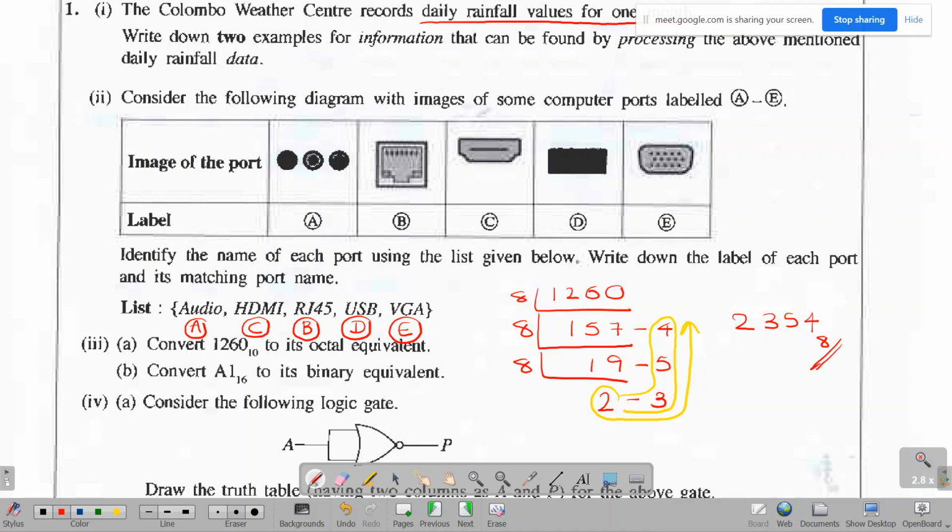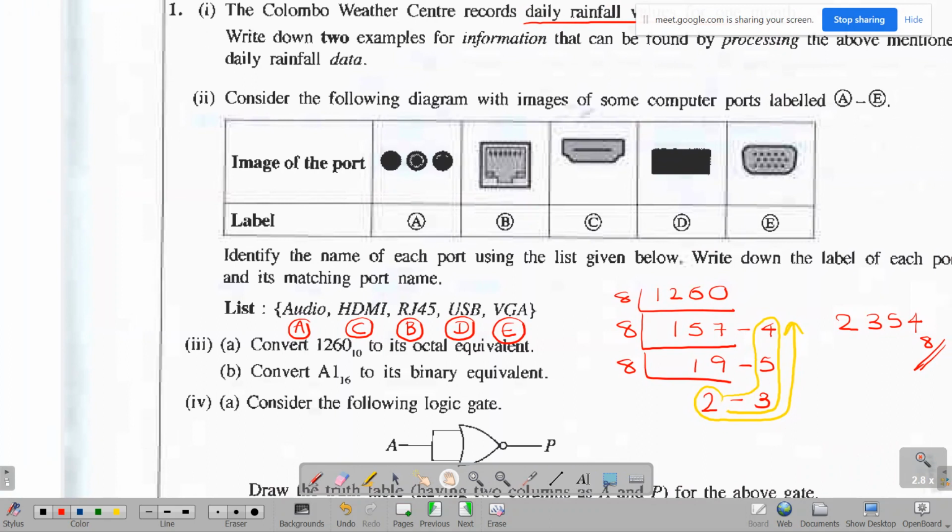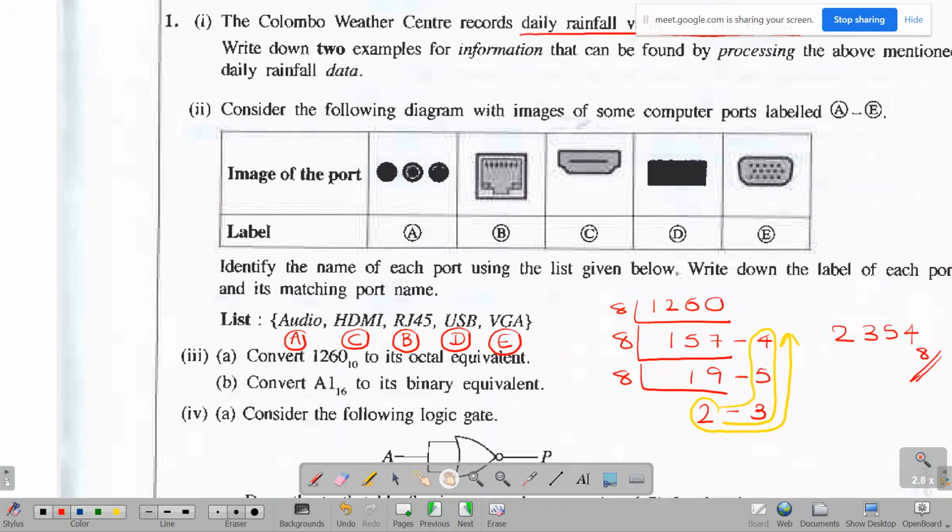Later, what they are saying is convert A116 to its binary equivalent, right? So when it comes to the A116, A will be over here for the 1. So what we are going to do is write each and every symbol as a 4-bit binary number, right? So the place values are going to be 1, 2, 4, and 8.